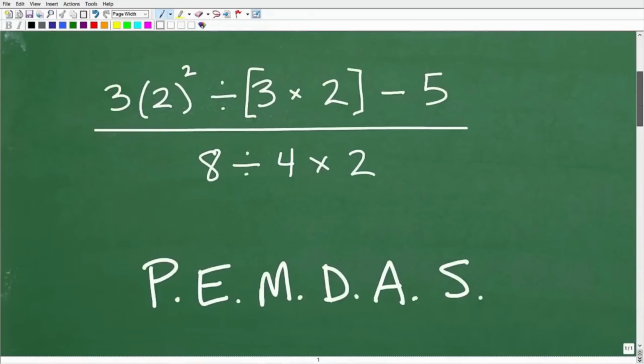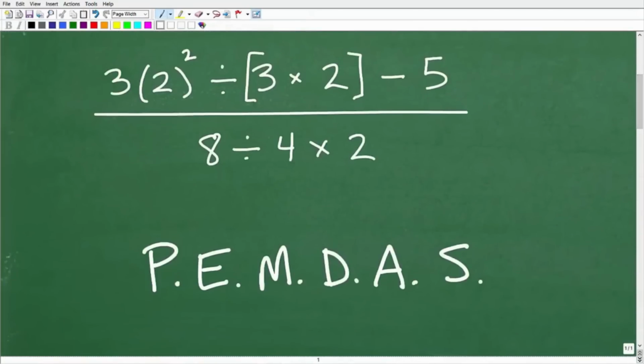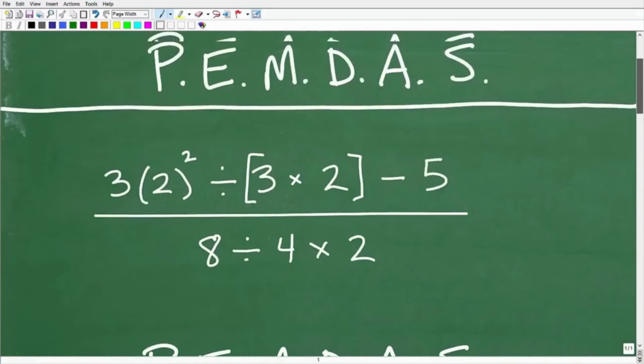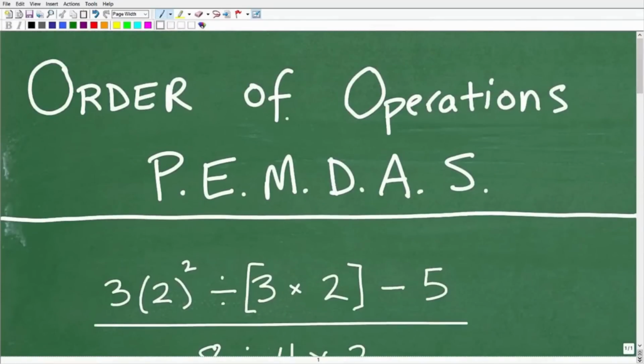But before we do that, let's talk about this PEMDAS, right? PEMDAS is our guide. It's the instructions on how to apply the order of operations. Now, what does this mean? Let's go back up here real quick. Order of operations.